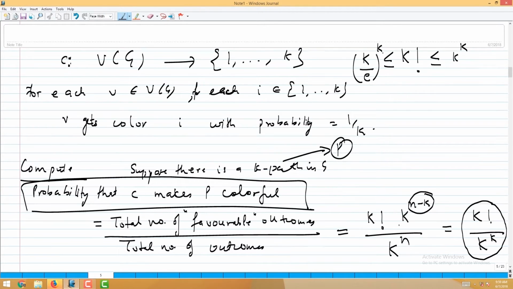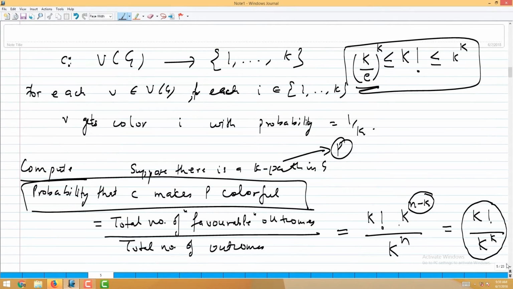E is the exponential constant, 2.718. So there is also a lower bound for K factorial, which is this. Again, we are not going to prove this, but this is true, okay.